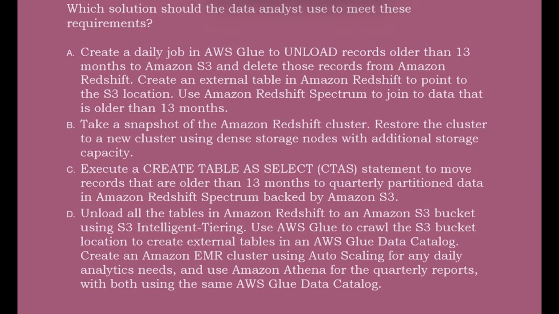Use AWS Glue to crawl the S3 bucket location to create external tables in an AWS Glue Data Catalog. Create an Amazon EMR cluster using auto scaling for any daily analytics needs, and use Amazon Athena for the quarterly reports, with both using the same AWS Glue Data Catalog.